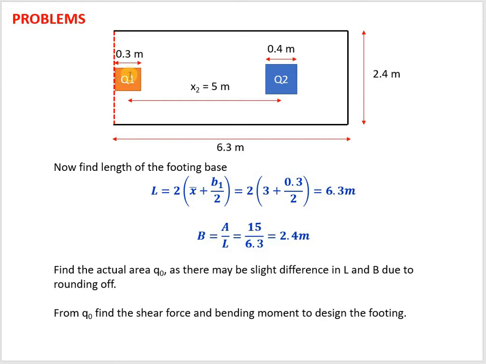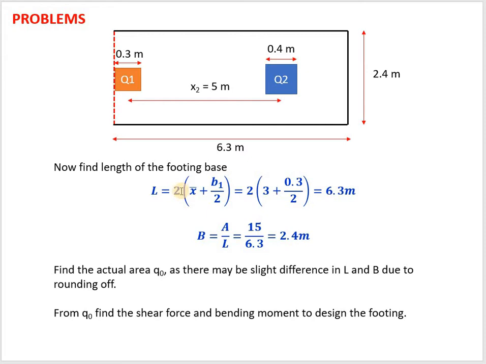So to find the length of the footing, just use this expression, that is x bar plus B1 by 2, into 2. So B1 is the size of the column, this first column, because I have opted here for the first column. You can also consider this as B1, but I have taken this column. But you also follow the same procedure.